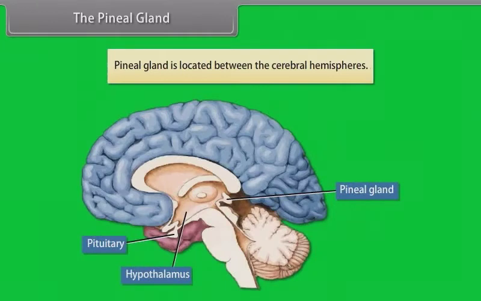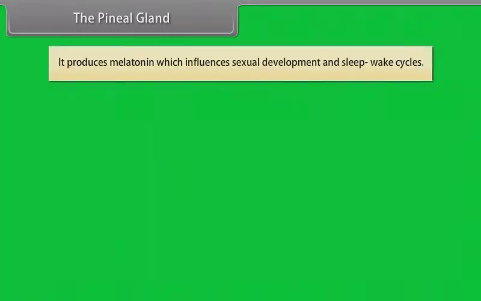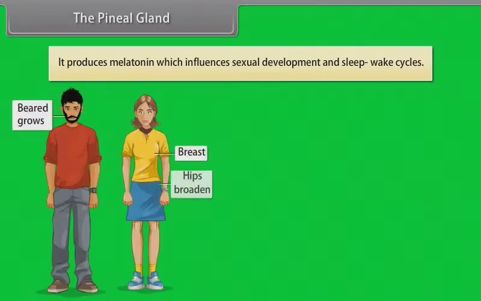The pineal gland. The pineal gland is located between the cerebral hemispheres. It produces melatonin, which influences sexual development and sleep-wake cycles. Thyroid gland.